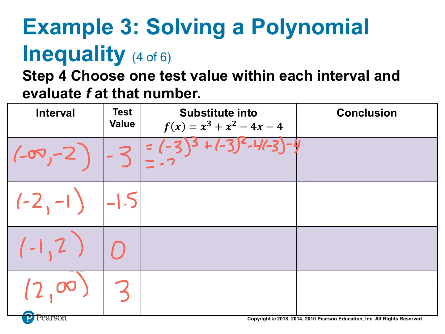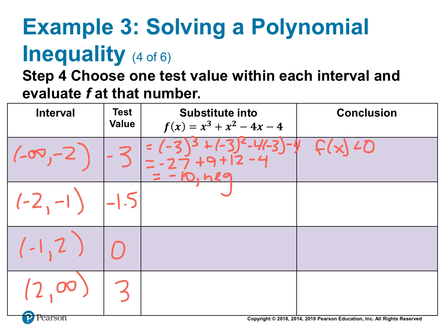That gives you negative 27 plus 9 plus 12 minus 4. So you end up with negative 10. So that means f of x is less than 0 since it was negative in this interval.